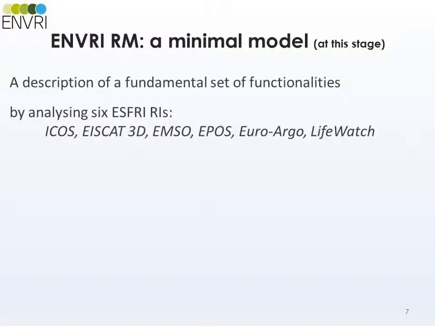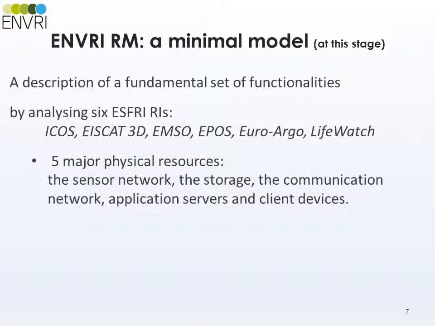By analyzing common requirements of 6 ESFRI research infrastructures, namely ICOS, ISCAT3D, EMSO, EPOS, EuroArgo, and LifeWatch, it has been observed that all applications, services, and software tools are designed and implemented around the use of 5 major physical resources: the sensor network, the storage, the communication network, application servers, and client devices.